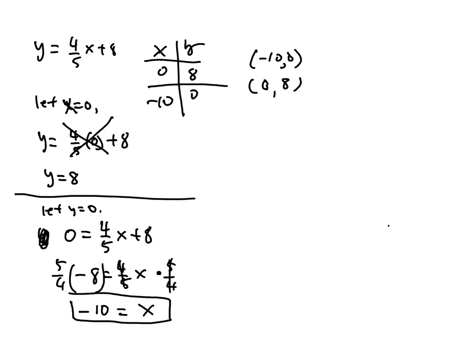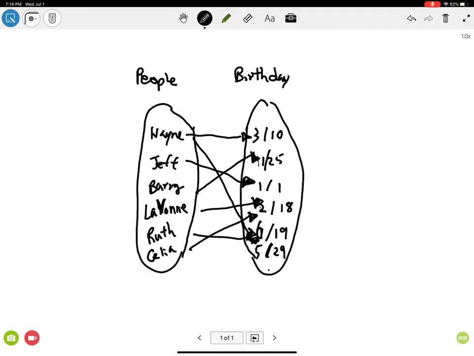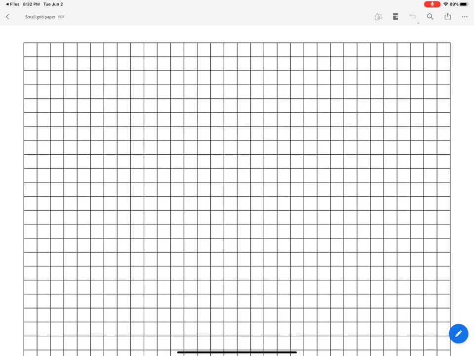That means our graph is going to look like, oops, wrong graph. There we go. 1, 2, 3, 4, 5, 6, 7, 8. So here's 0, 8. And we have a negative 10, 0. Excuse me. 1, 2, 3, 4, 5, 6, 7, 8, 9, 10.